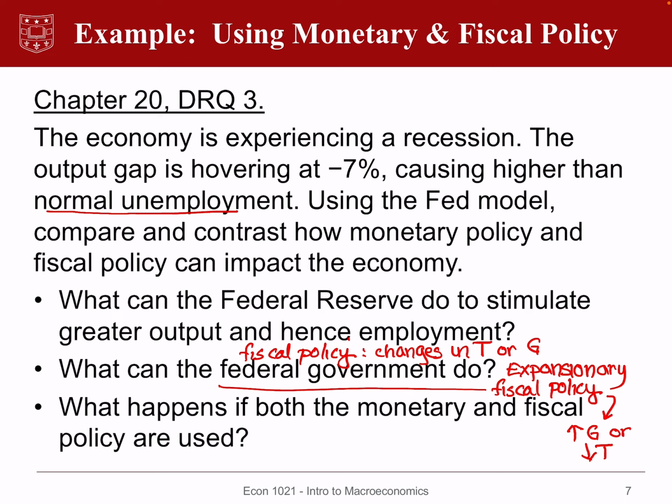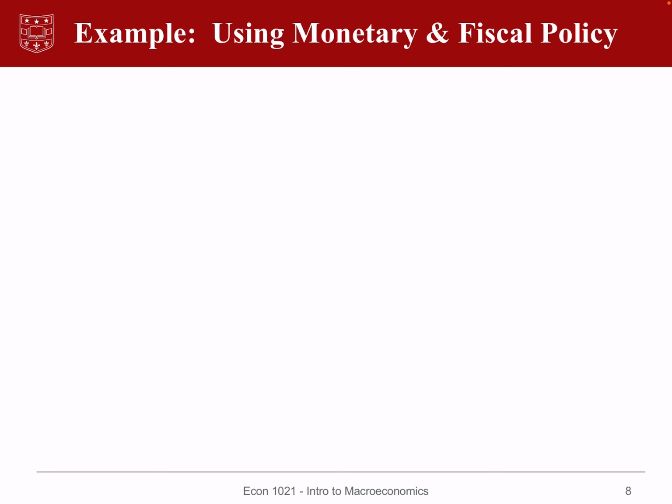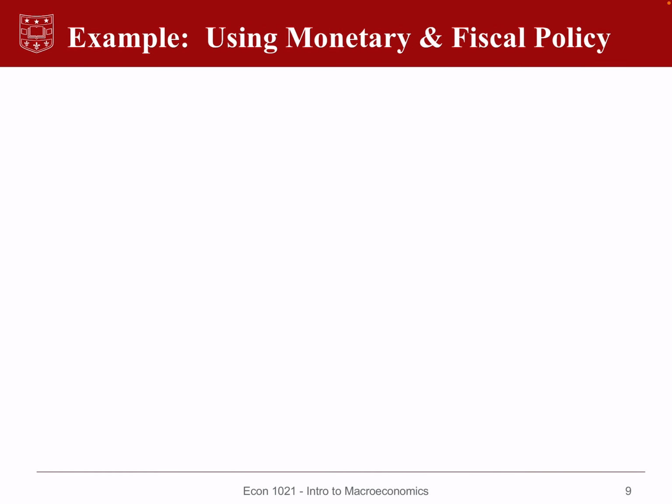Now we need to go back and think about how that affects our curves. So our first step will be to shift our curves. Let me get a new drawing up here. We'll start off with the same sort of framework. So this is our output gap, and the real interest rate.